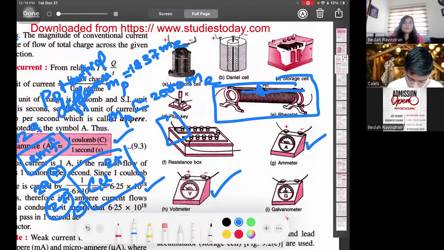Clear? So it is registered as a voltage. Potential difference is nothing but voltage. It is measured by a voltmeter in volts.